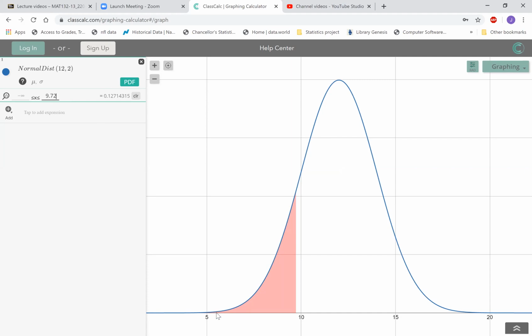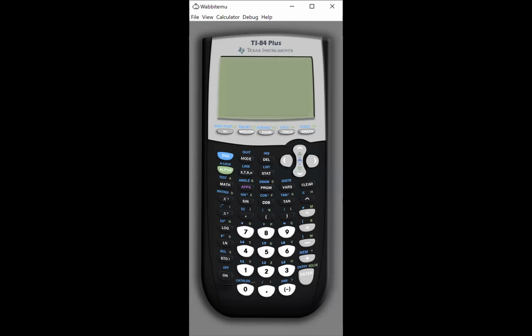If you're going to do it with the TI-84, you want to hit second, vars, and choose normalcdf. For the lower bound, once again, you want to put negative 10 to the 10 power, because we want negative infinity, but just remember your calculator doesn't have a button for negative infinity, so we use negative 10 to the 10 power.